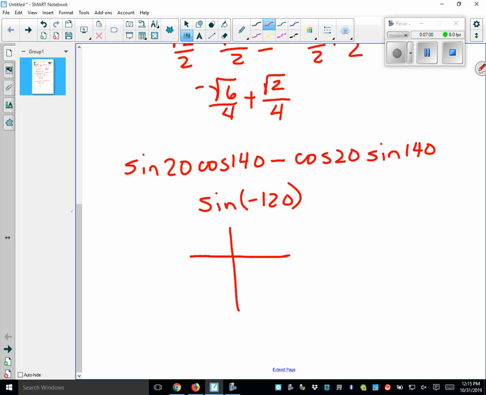How did you get negative 120? It's this minus this. The first one minus the second. Negative 120 is here. What's my reference angle? 60.